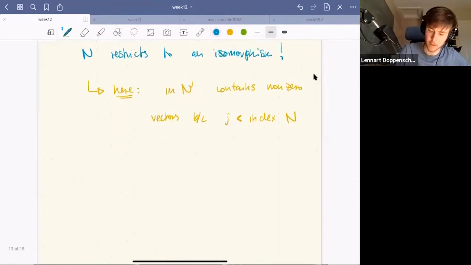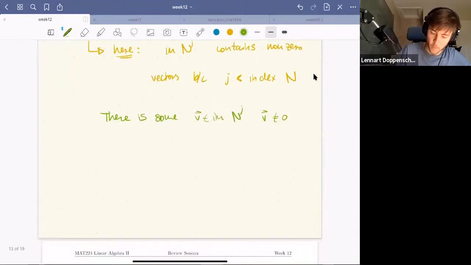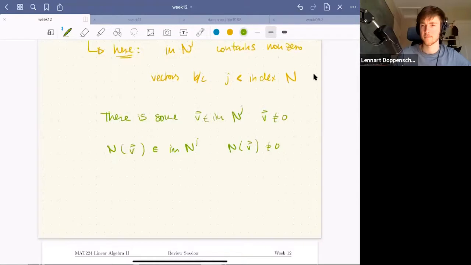I can go on explaining to make this maybe more clear. There's some v in the image of n to the j, v non-zero, and we know that n of v, which is again in the image of n to the j, is non-zero.